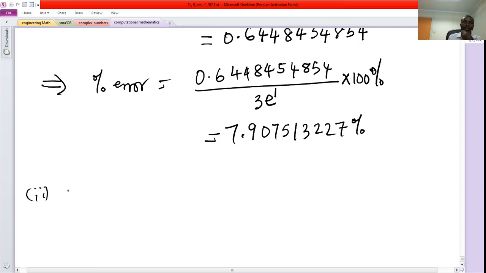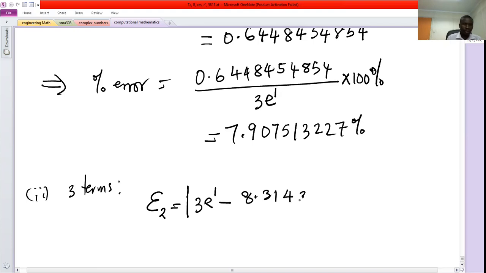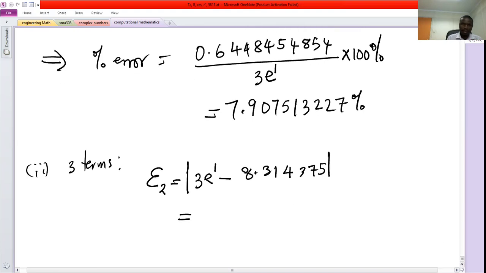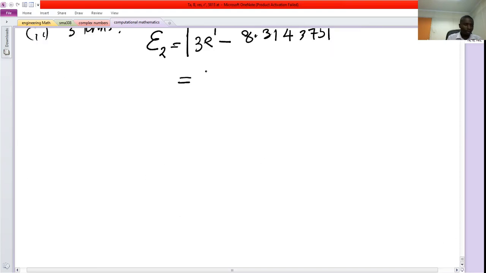Roman 2, if you're using three terms, then let's call the absolute error E2. Exact is 3 e raised power 1 minus approximate. In this case, our answer was 8.314375. When you get this difference, its absolute value will be 0.1595295146.